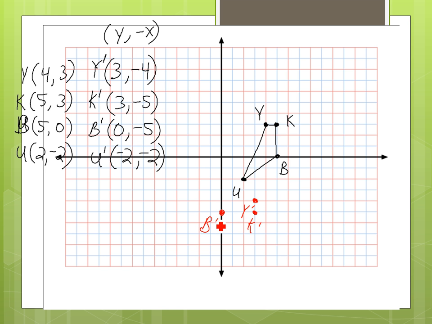And -2, -2. That's U prime. We connect it. Again, my shape looks awful big, but it's just because I'm drawing my line so crooked. Comes out the same. It's just rotated 90 degrees clockwise around this way.